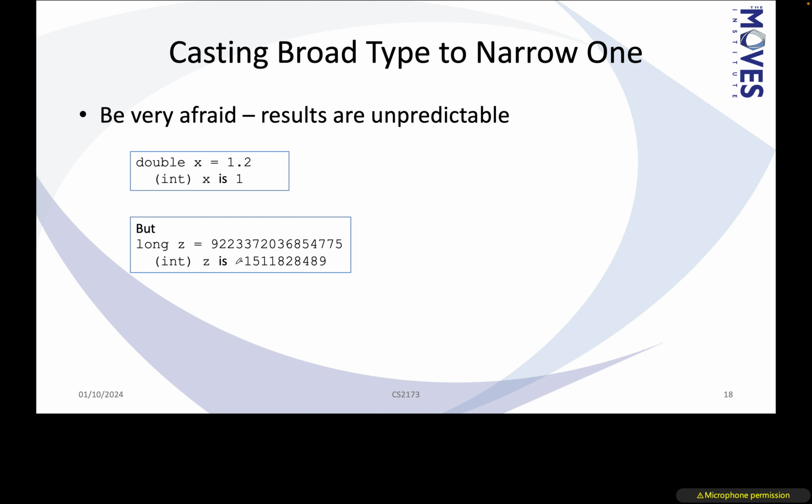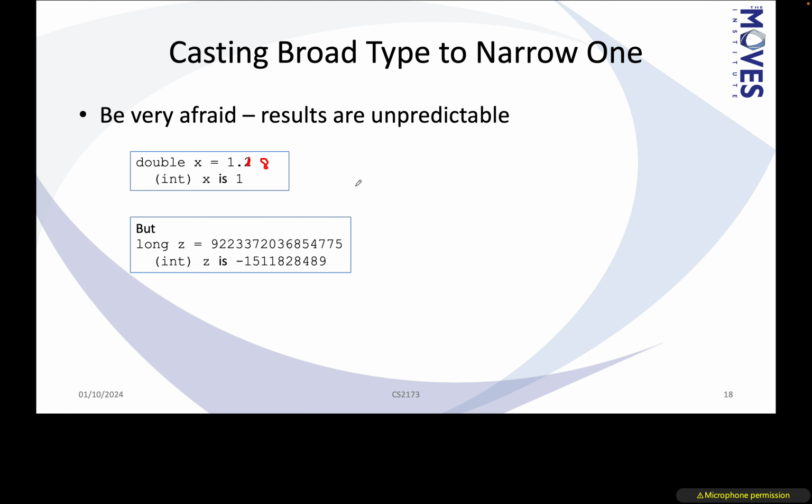If I try to cast a broad type to a narrow type, the results are kind of unpredictable. So if I have a double value and I cast it to an int, then it's going to truncate. I probably should have made this like 1.8. If I made it 1.8, it would still be 1.